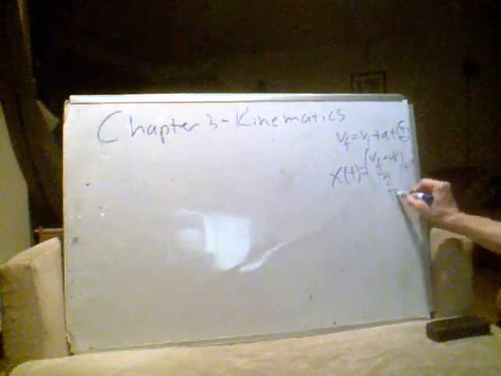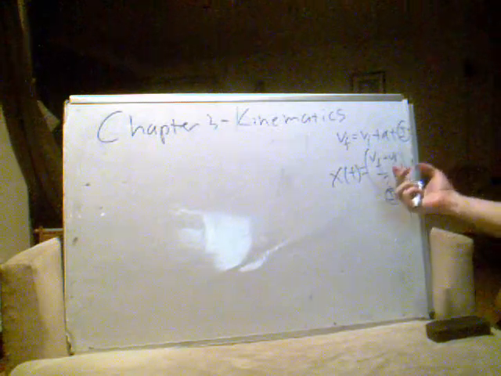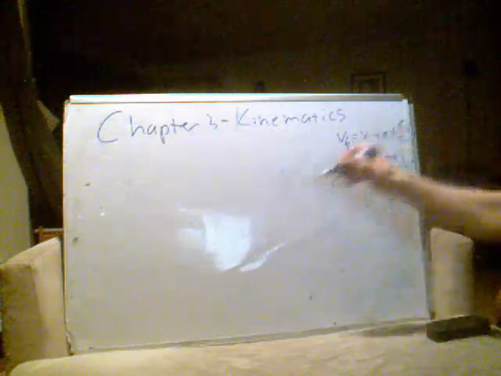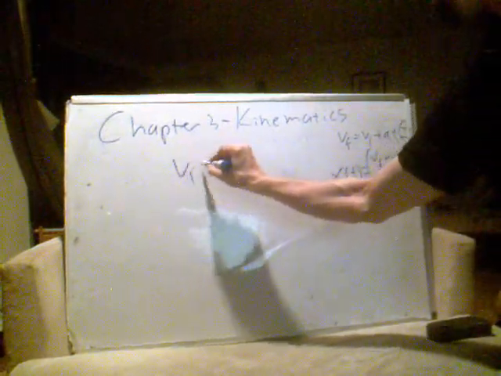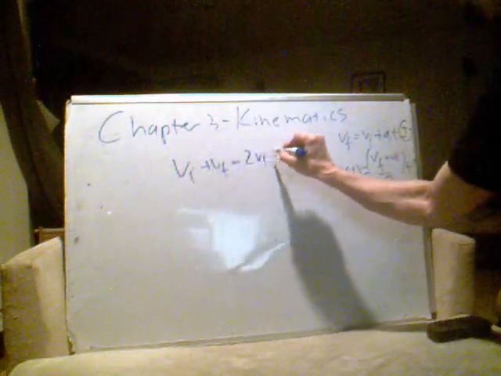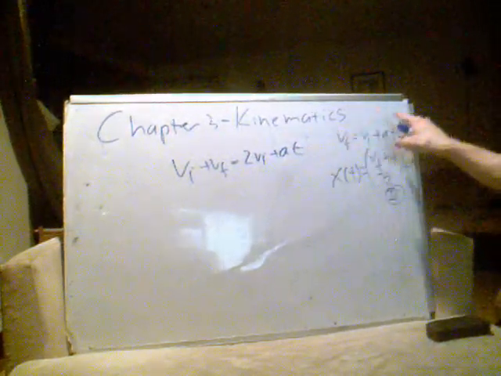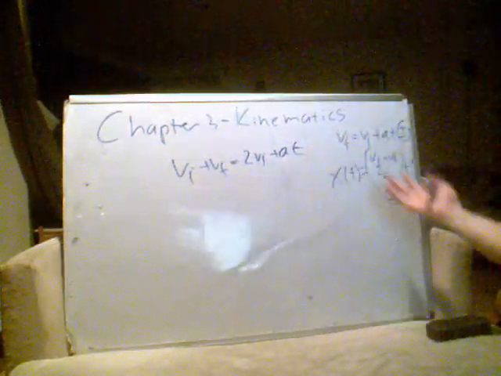We'll call that equation 2 maybe. Okay, let's take equation 1. We're going to add the initial velocity to both sides. So we're going to have V initial plus V final is equal to 2 V initial plus acceleration times time. I just took equation 1 and added V I to both sides.